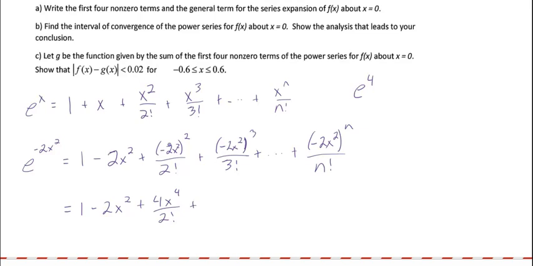Plus, actually, no, this one is going to be minus. Why is it minus? Because the negative is going to get cubed, and I'll have 1 left over after 2 of them cancel. And I'm going to have an 8, because that is 2 cubed. X to the, remember your exponent rules correctly here, this is a 6th power, not a 5th power, over 3 factorial plus dot dot dot.